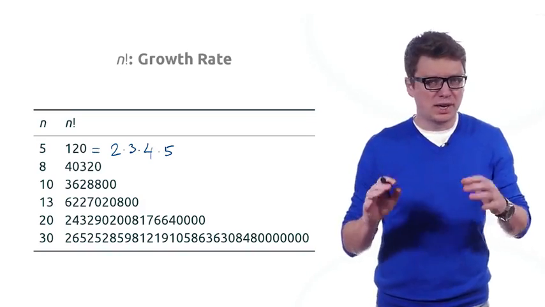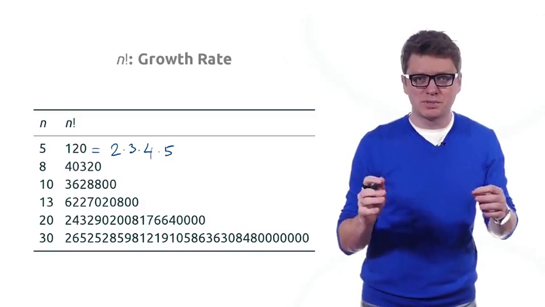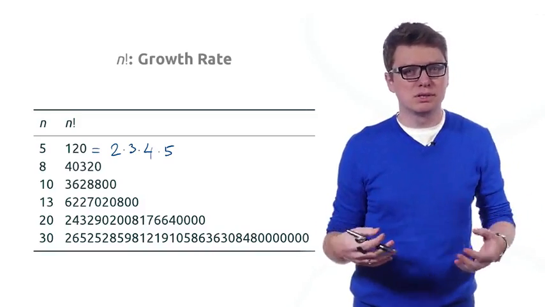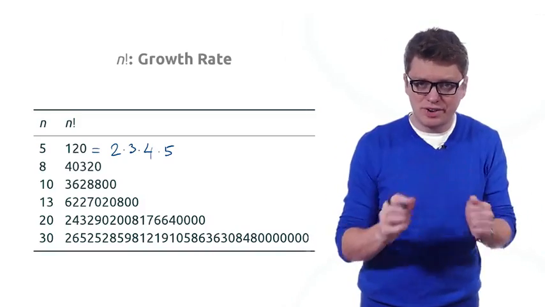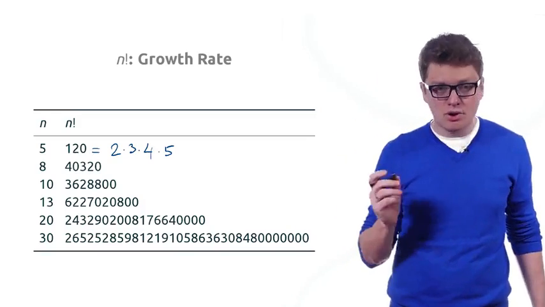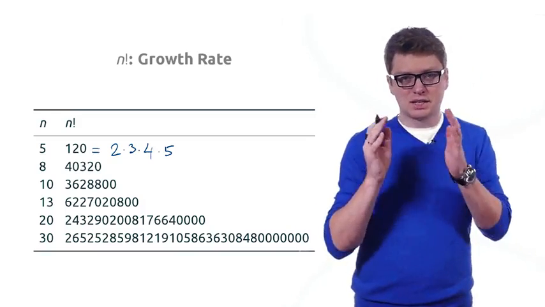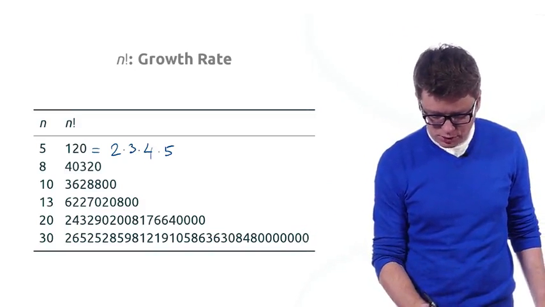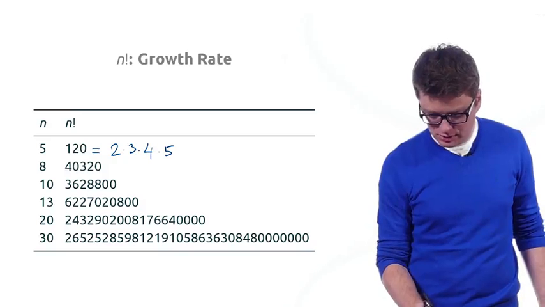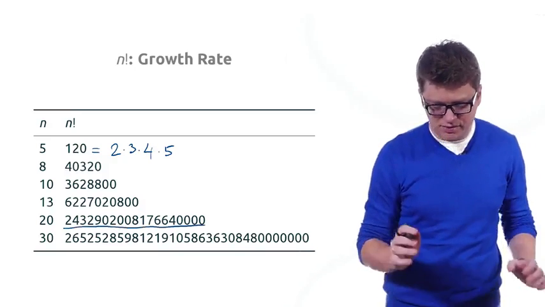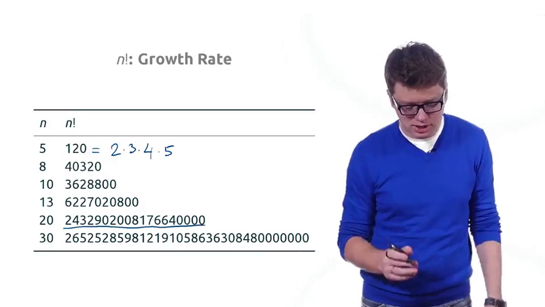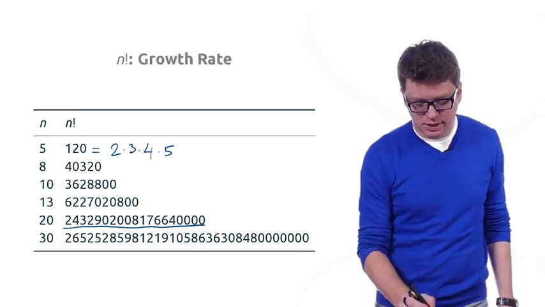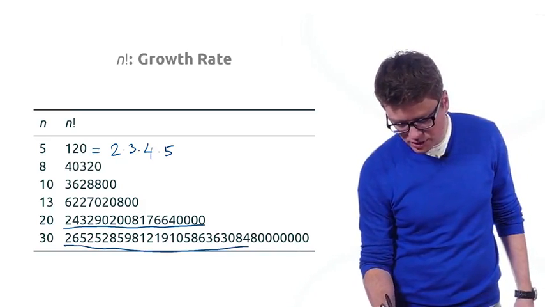We can definitely implement a program that goes through 100 possible solutions very quickly. However, when n grows, n factorial gets longer and longer. For example, already when n is equal to 20, 20 factorial looks like this, so definitely more than 10 decimal digits. And when n is equal to 30, n factorial is a huge number.